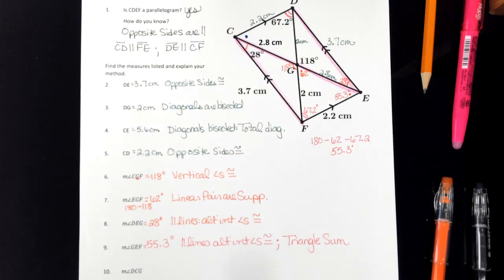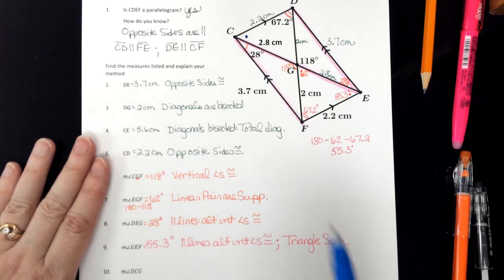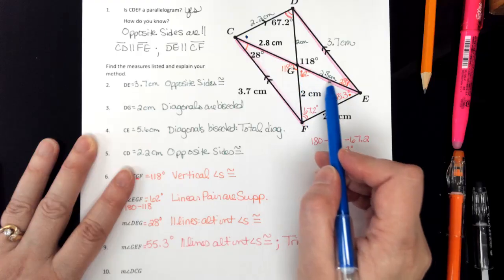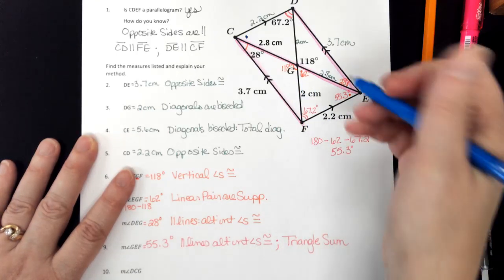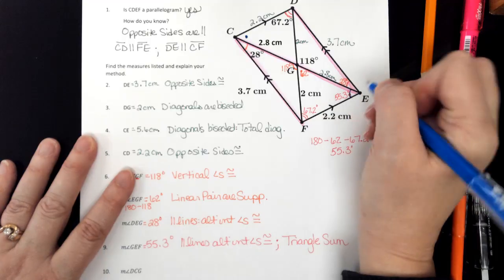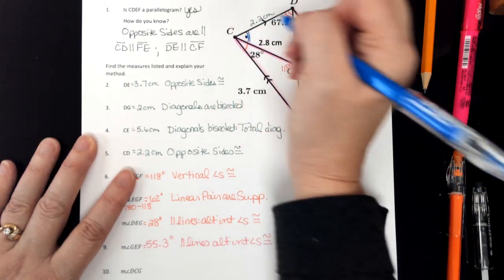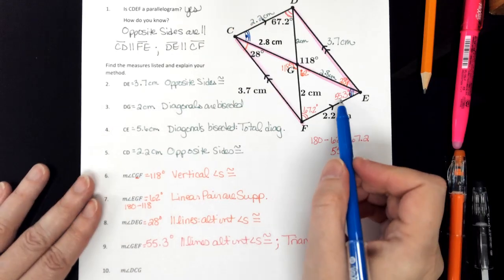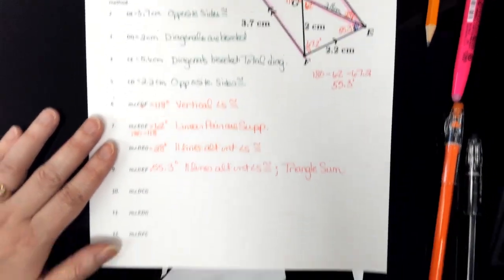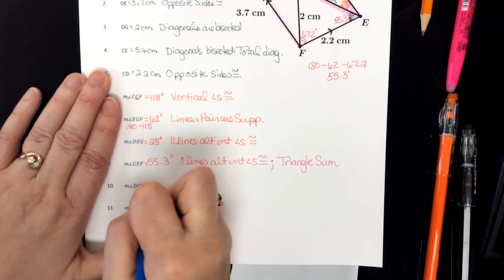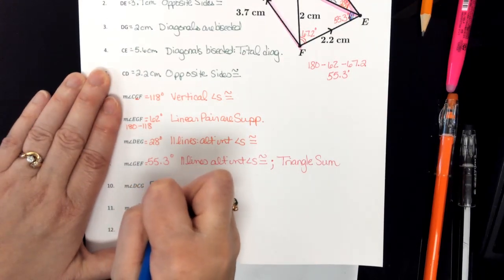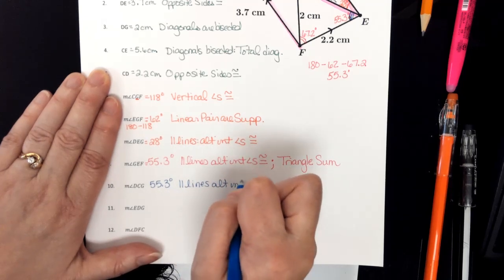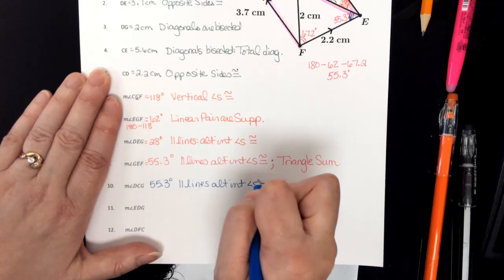And again, if we use our parallel lines, alternate interior angles, here's a parallel line, here's that transversal that comes down, that parallel line again, these angles right here would end up being congruent. So if that angle is 55.3, angle DCG is also 55.3. We used our parallel lines, alternate interior angles being congruent.